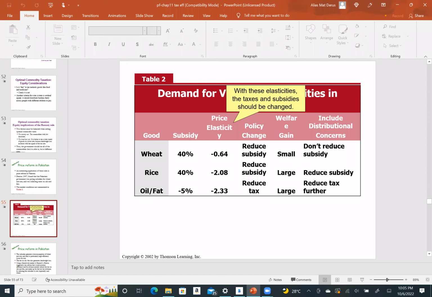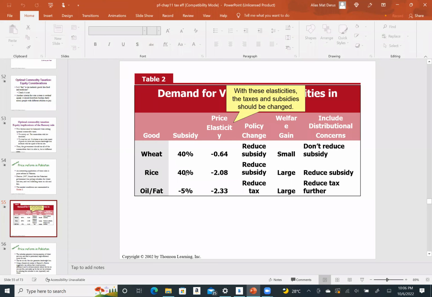So based on what is happening now, that study suggests reduce subsidy on wheat. So maybe instead of 40%, because inelastic demand, tax high. Okay, but since it is a necessity, what they suggest is reduce subsidy, instead of 40%, maybe 20%.